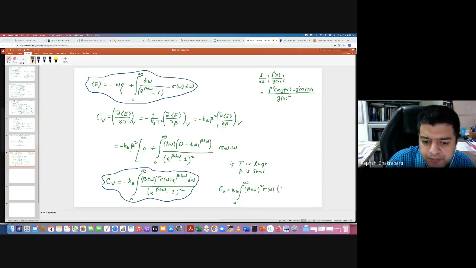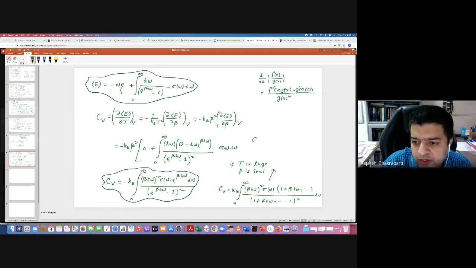Beta is small means I can write it like this, and I can do the same thing here in the denominator. What is the answer? Look carefully. CV equals kB. Now this one you can also neglect. One and one cancel. Beta h cross omega whole square, beta h cross omega will cancel.